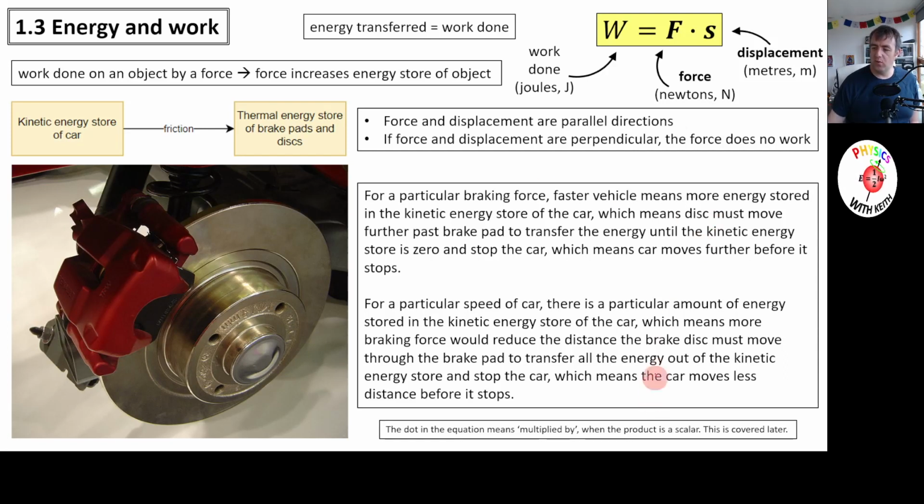I've put into words there what's going on when the car brakes, and how you could use this equation to calculate the amount of energy that's transferred. If you want to pause the video and read that yourself, you can.